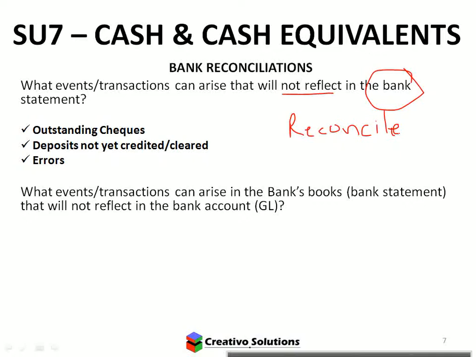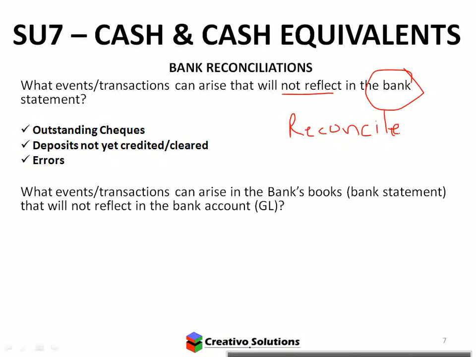Right, what events or transactions can arise in the bank's books, i.e. the bank statement, but not in your books? Stuff that you will see on your bank statement that you get sent every month, that you won't see in your books. Dishonored checks, fine. Let's take it a step further. We haven't really looked at that, but we'll discuss it just now.